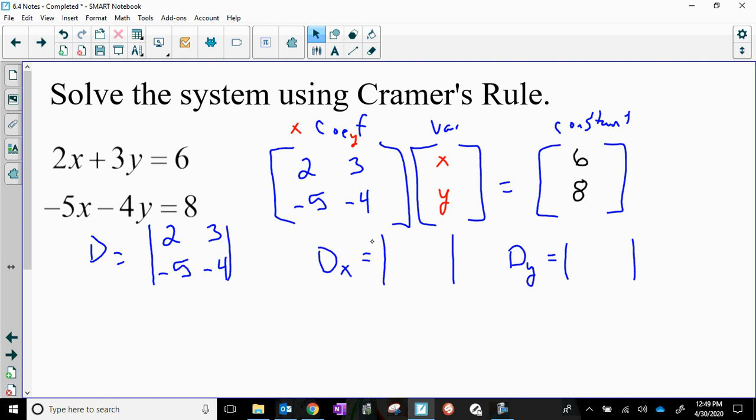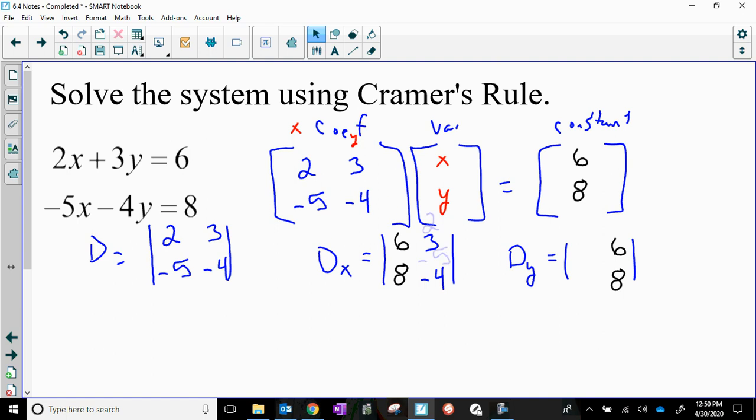And then in the dx, I'm going to copy the D matrix over there, except I'm going to take the x column out and put the constants in its place. For the dy determinant, I'm going to copy the x column and put the constants in the y column.